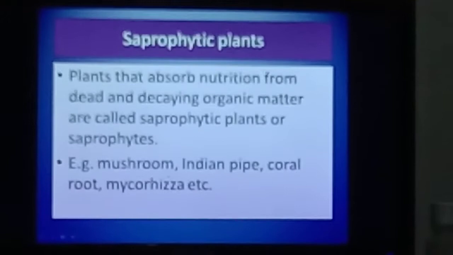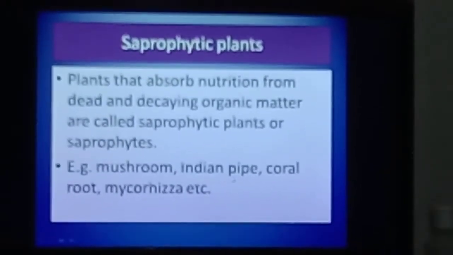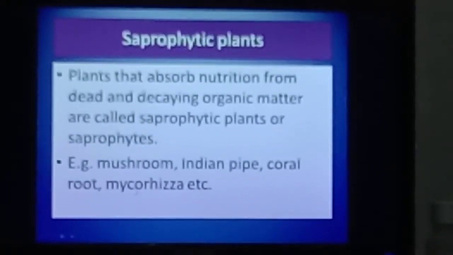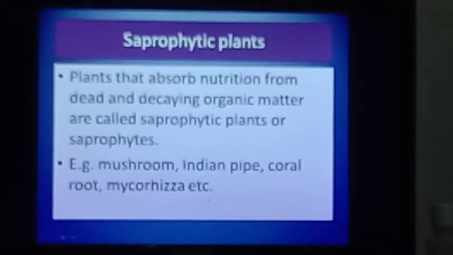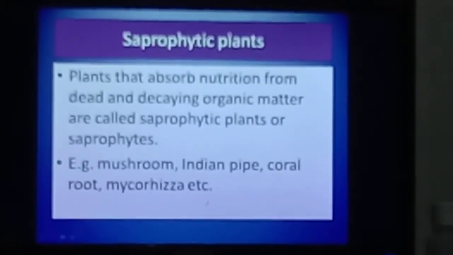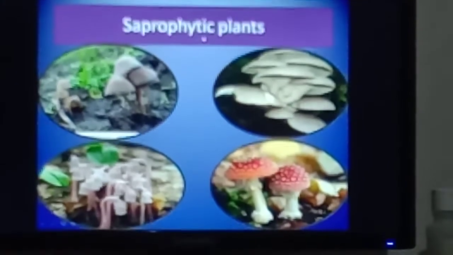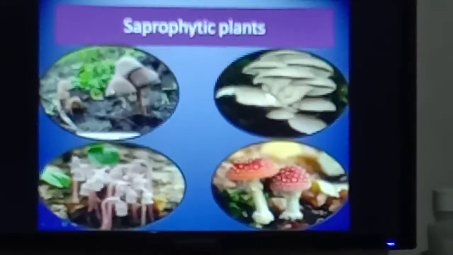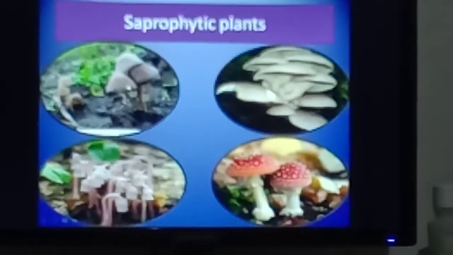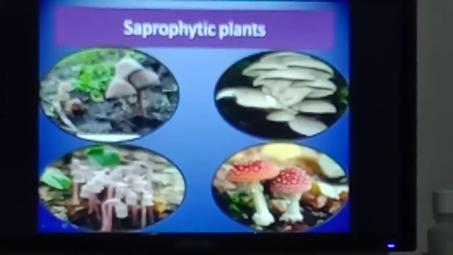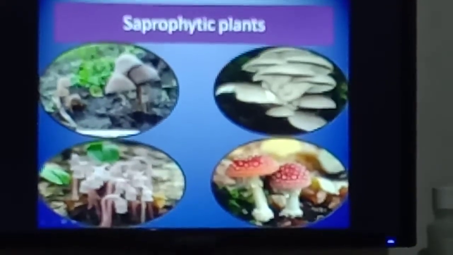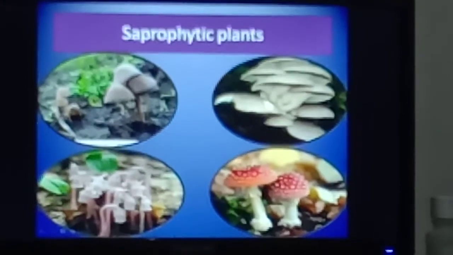Examples: mushroom, Indian pipe, coral root, mycorrhiza, etc. Here in this slide you can see different types of mushroom. These, 1, 2 and 3, are different types of mushrooms, and this is Indian pipe.